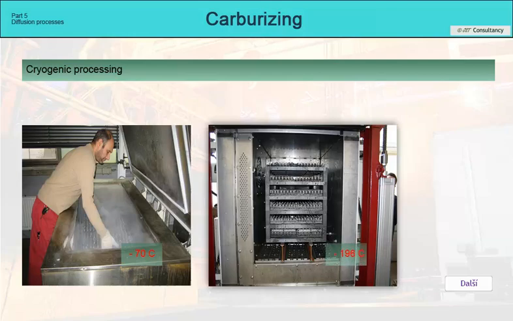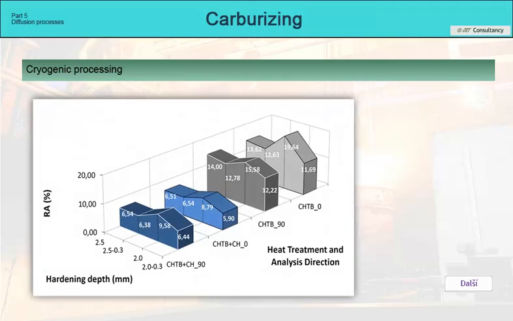The first solution, compressor cooling, is sufficient to suppress residual austenite in the layer. The result can then be, for example, the content of residual austenite according to this figure. The abbreviation CHTB, carburizing, hardening, tempering, blasting, means that the parts have been carburized, quenched, tempered, and blasted, while the abbreviation CH, cryogenic plus hardening, means that a cryogenic processing step has been added.